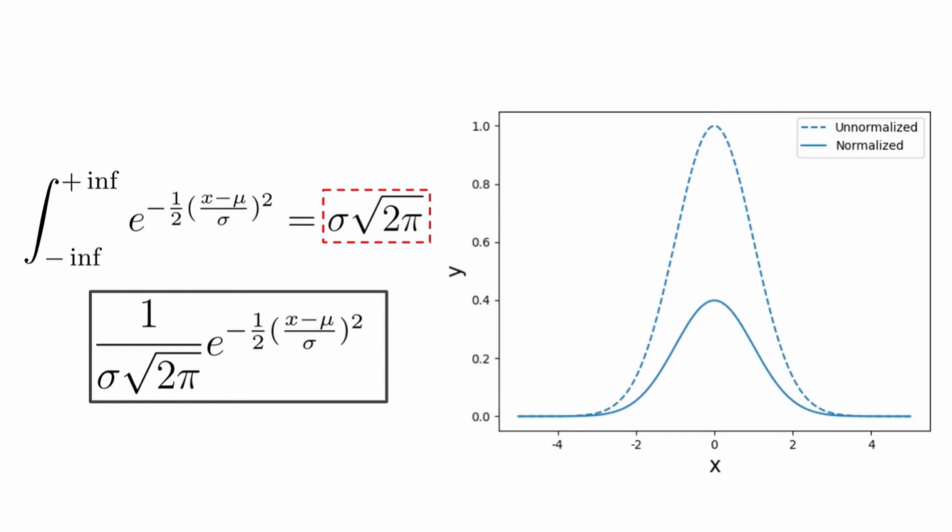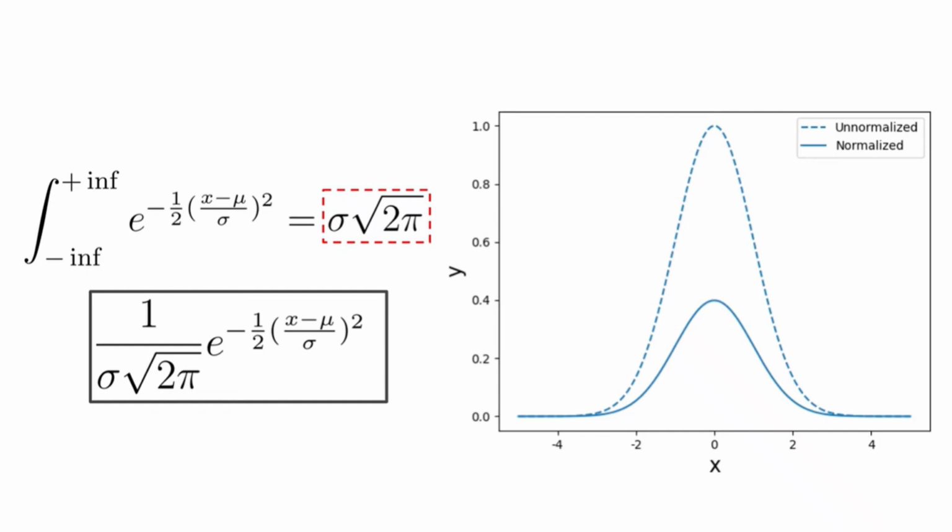If you solve this integration, you will find that the answer is sigma under root 2 pi. But in order to make sure that the area under this curve is unity, we divide this equation by sigma under root 2 pi, and thus we can see that there is 1 by sigma under root 2 pi as a coefficient to this power of e.